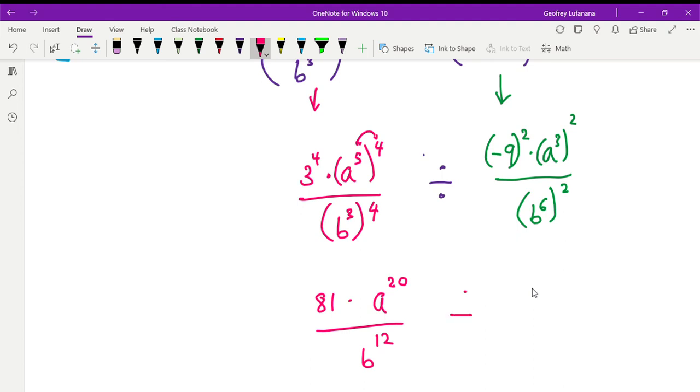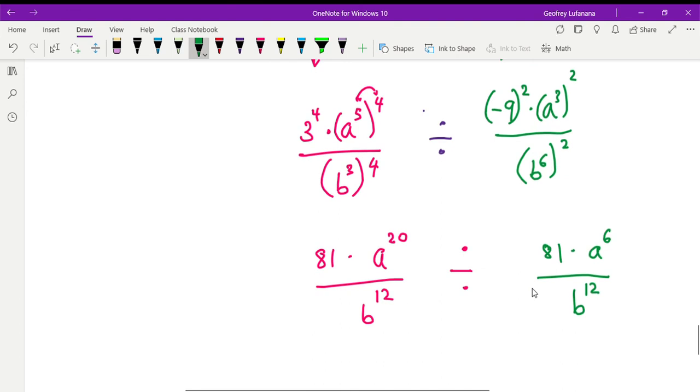Now the whole of this is divided by negative 9 squared is 81, positive 81. So this would give us an 81. A to power 3 to power 2, that's the power rule. So this would be A to power 3 times 2, and B to power 6 to power 2, that's B to power 6 times 2, B to power 12.